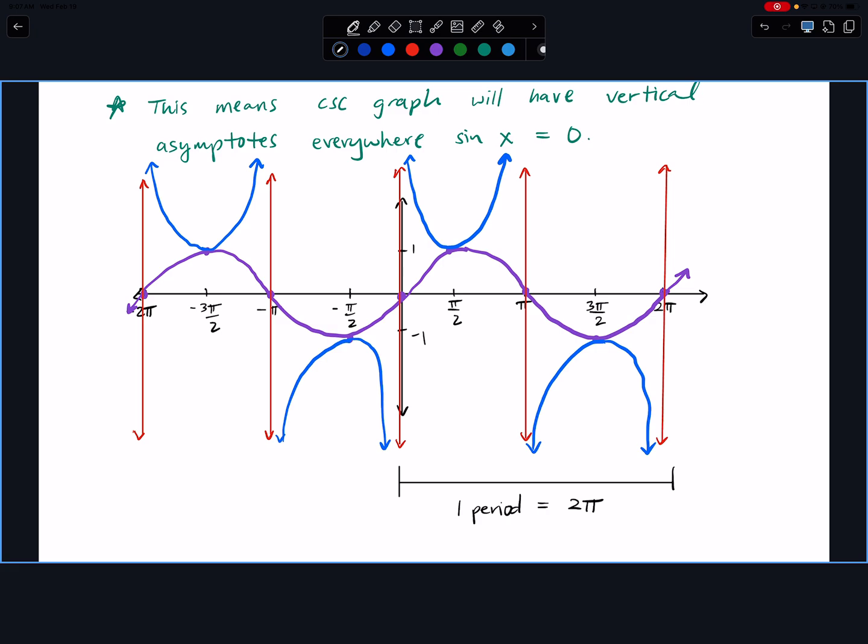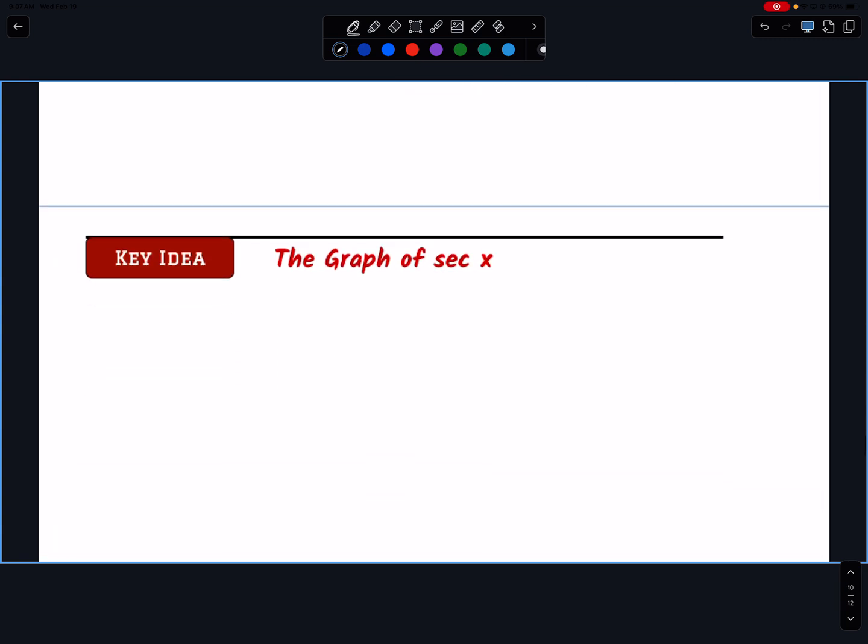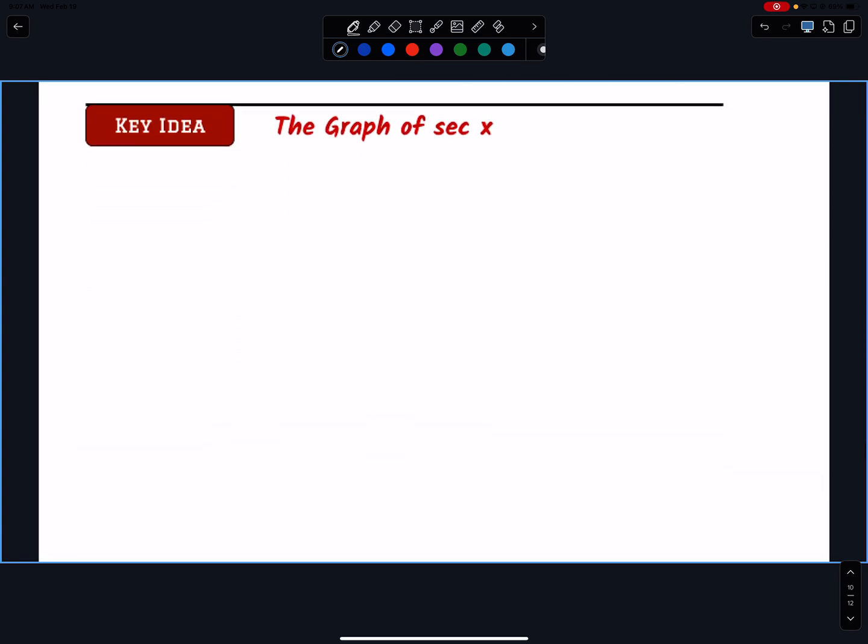Okay. One more. Secant. Same idea. So remember that the secant of x is a reciprocal of cosine x.